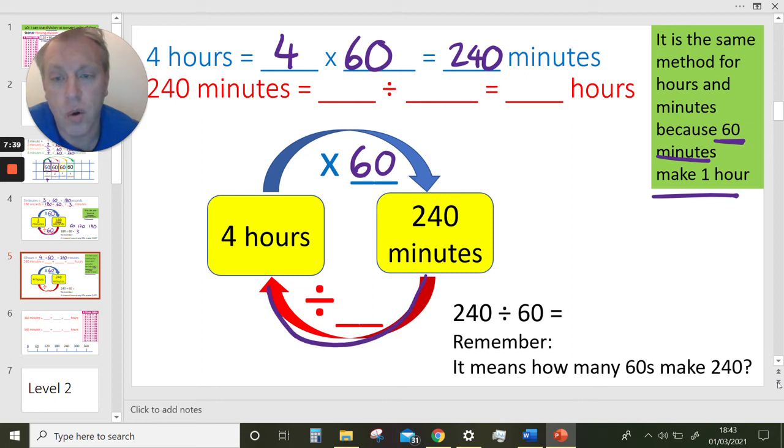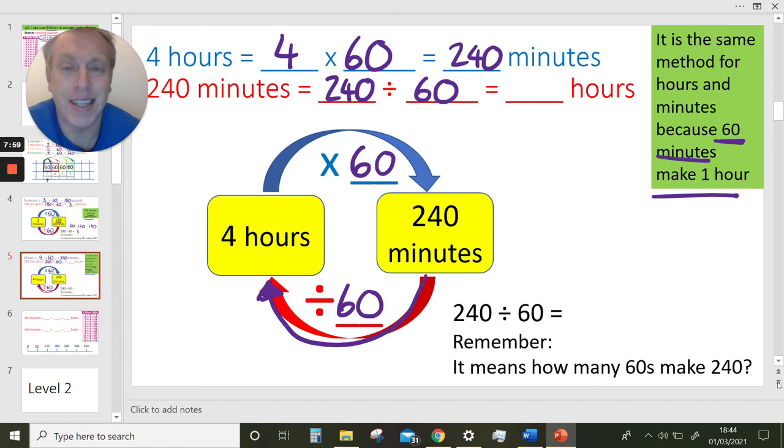When we want to go back from the minutes to the hours, we are not timesing by 60, but dividing, the inverse, the opposite. 240 minutes divided by 60. When we count up in 60, how many 60s do we have to count? 60, 120, 180, 240. Okay, 240 minutes is 4 hours.